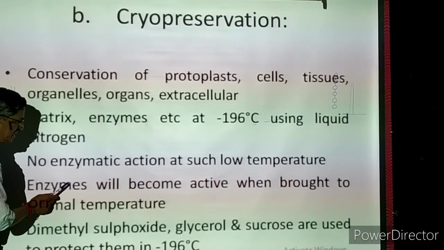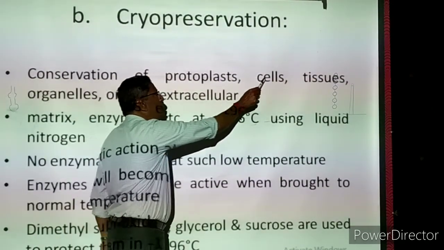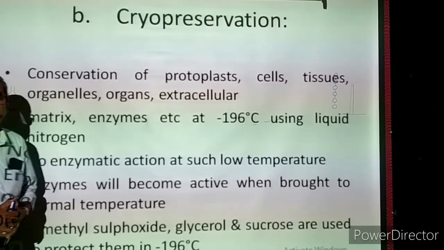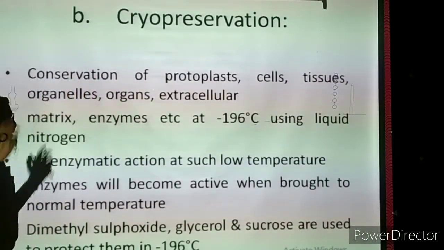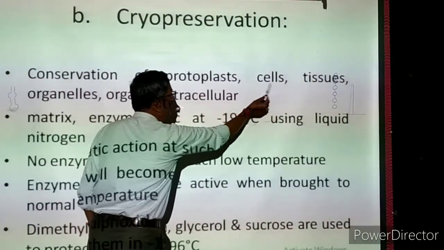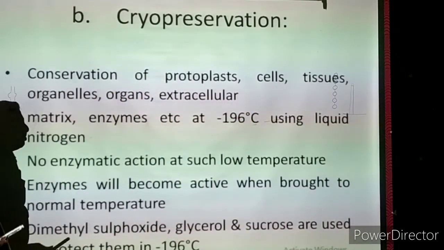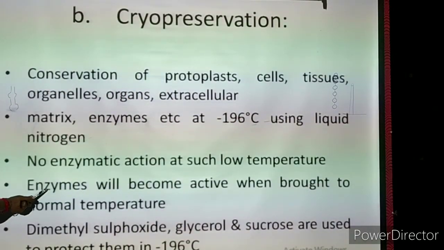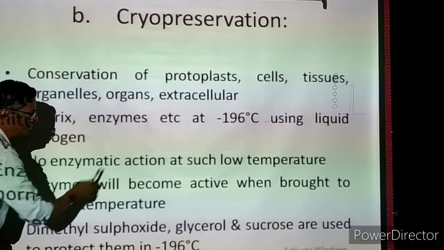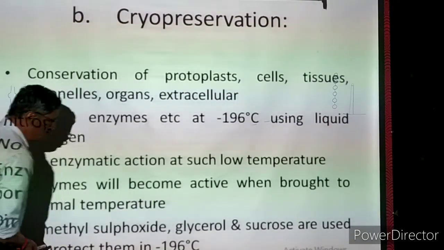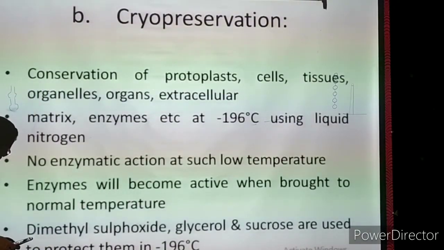If the enzyme is acting, the cell will become more active. If the cells are becoming active, we can follow the tissue culture technique, and we can develop callus and new plants. So enzymes will become active when brought to normal temperature.